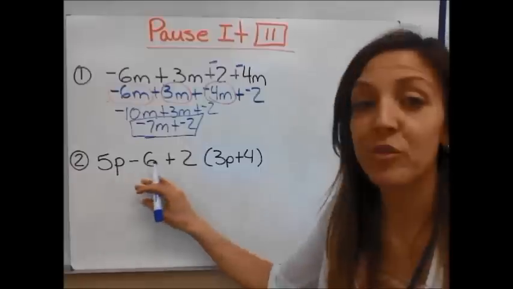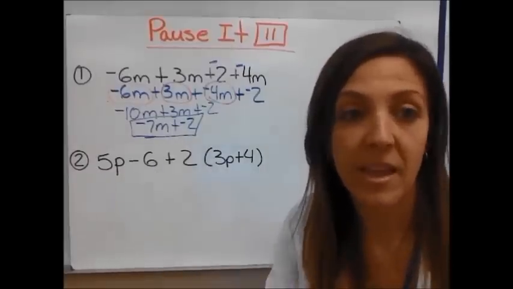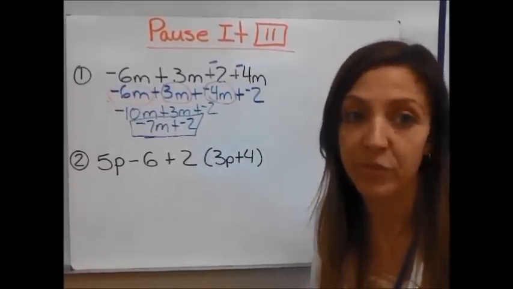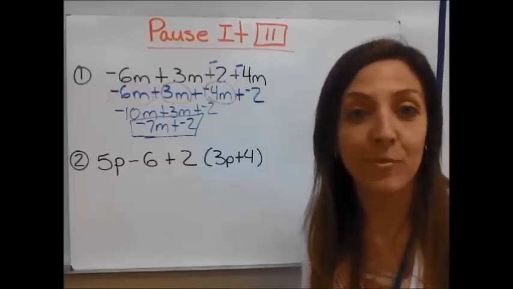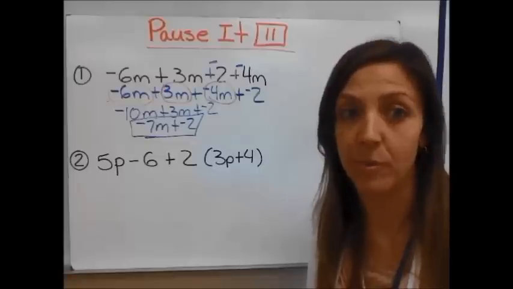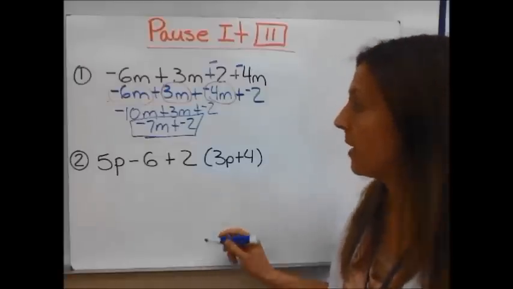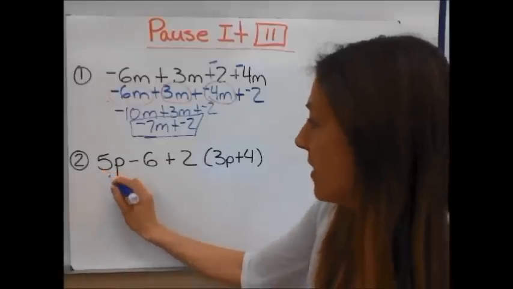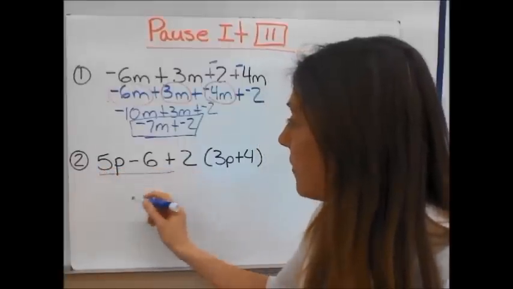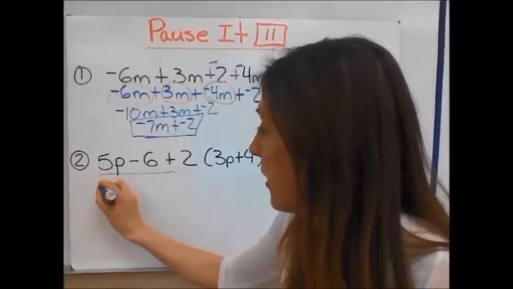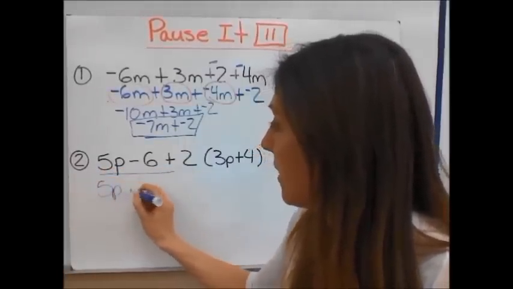All right, number 2, we have 5p minus 6 plus 2, and then we have parentheses, 3p plus 4. So we're going to skip straight to the parentheses. We're going to use distributive property there. I could take the part that's in front of the parentheses and write that out first. So all of this is in front of the parentheses. I could write out 5p.